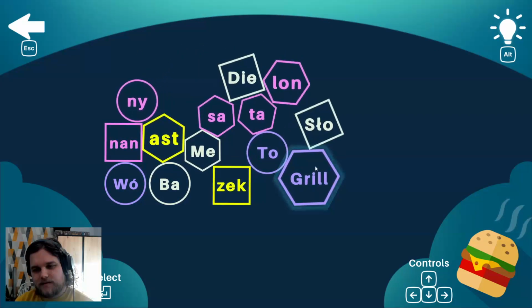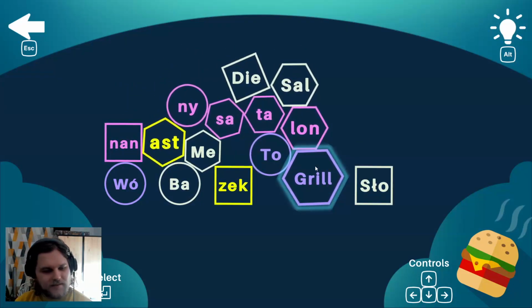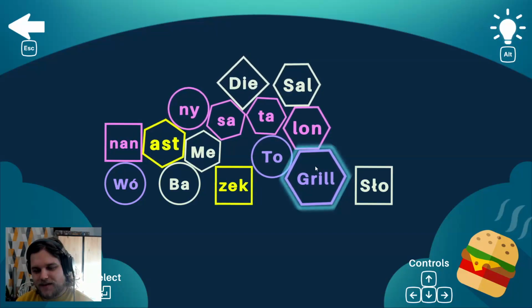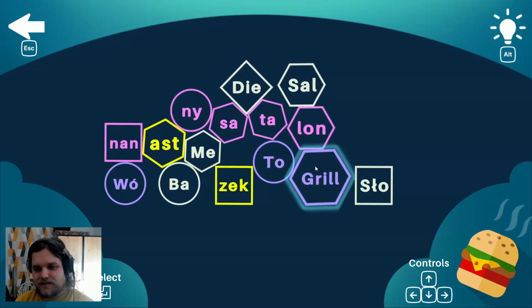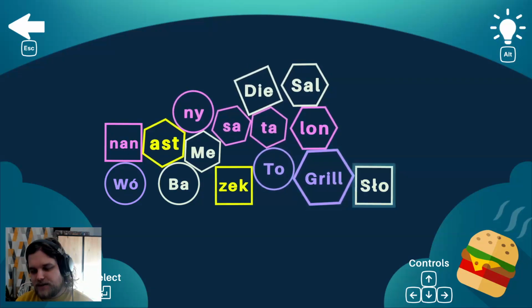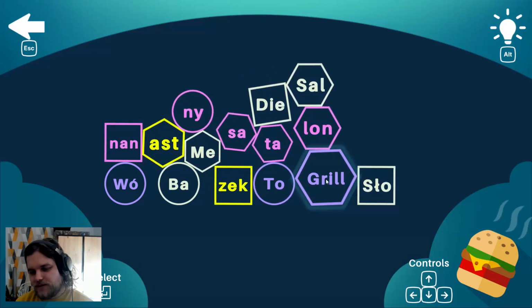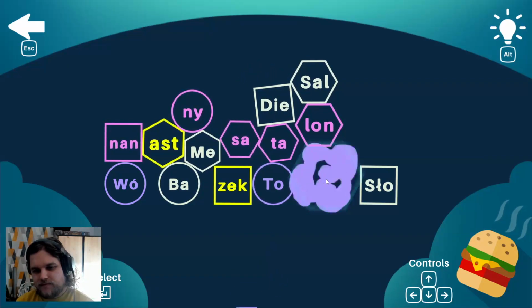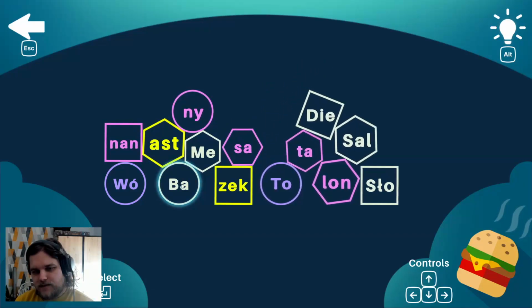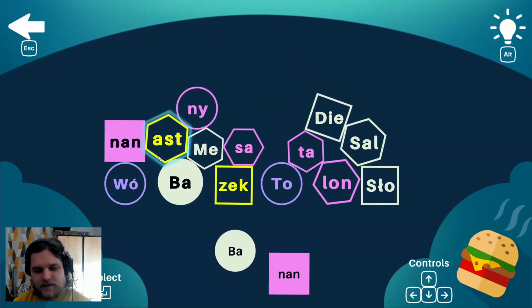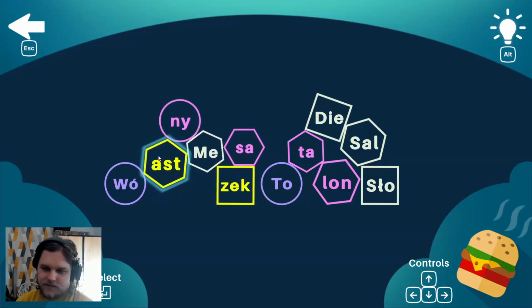Some of course are imported words from remote countries to us, so some words will be the same. So grill, for example, is the same in Polish. I can see a banan, which would be a banana translated to Polish.